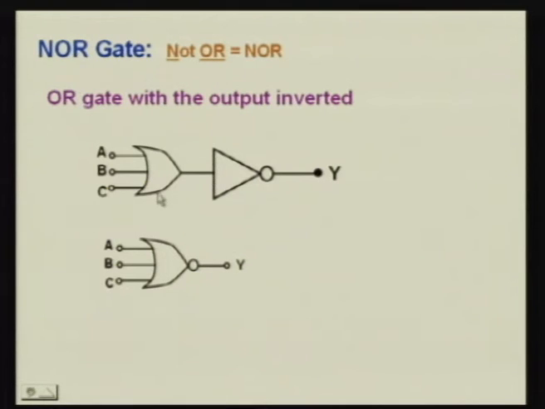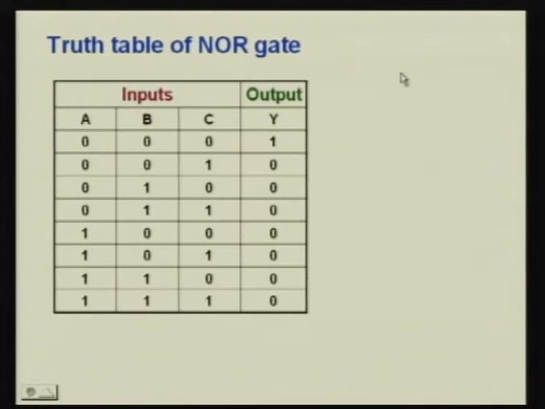Since we have already discussed the NOT gate and OR gate, we can realize these gates by using diodes of the OR gate and the transistor of the NOT gate. You can very easily realize it just by putting the output of the OR gate to the input of the NOT gate, which we have studied already. So the truth table of the NOR gate we will be discussing here.